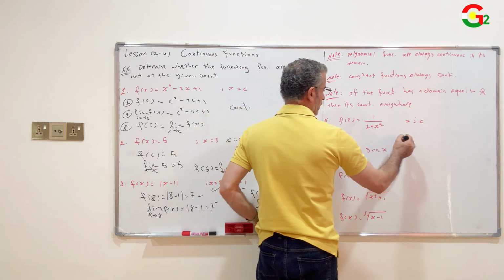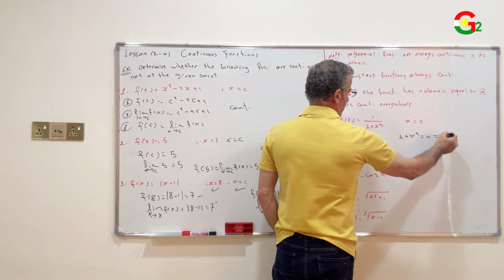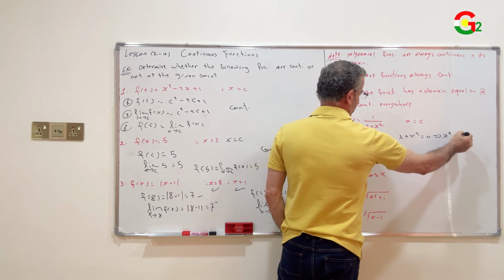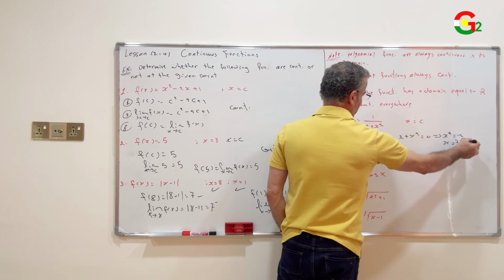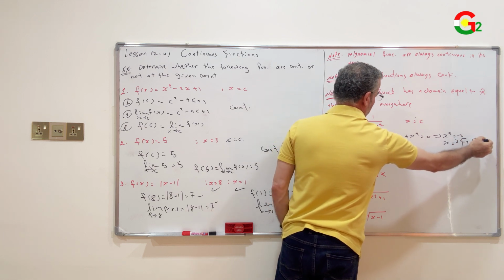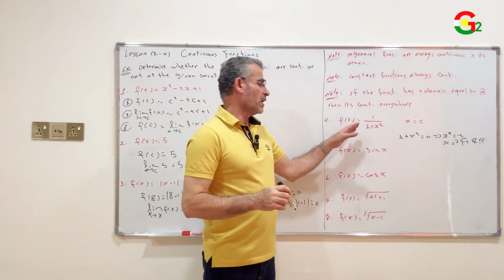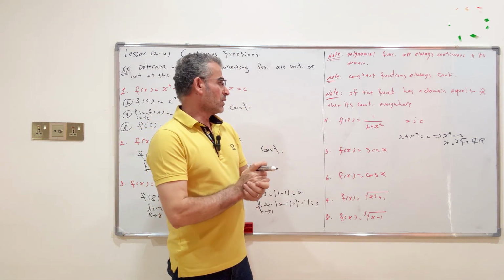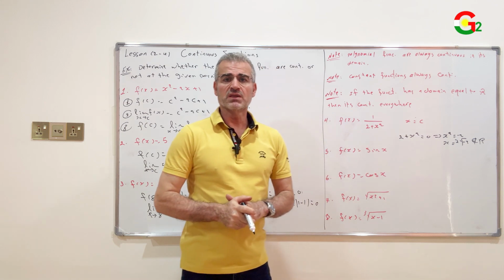If we solve 2 plus x squared equals 0, then x squared equals negative 2, then x equals plus or minus the square root of negative 2, not a real number. Therefore, there is no value that makes the denominator 0 and the domain is all real numbers, so this function is continuous everywhere.